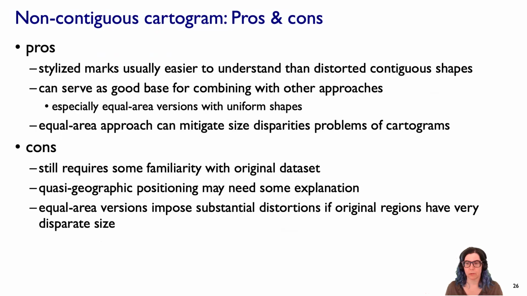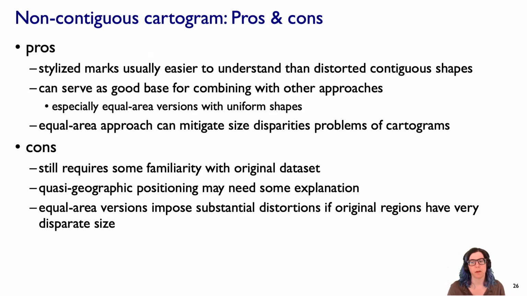What about the non-contiguous ones? Well, definitely they're easier to understand than the contiguous one. These sort of stylized marks where we regularize shape or we regularize shape and size are substantially easier to understand. And we can basically combine them, right? Particularly if you've got an equal area one where all those shapes are uniform, then you can put a cartogram on top of that.